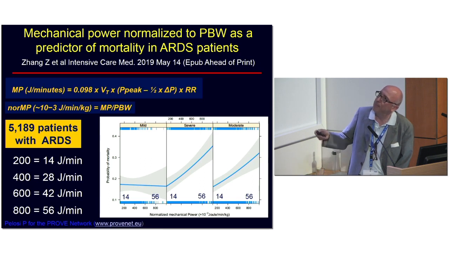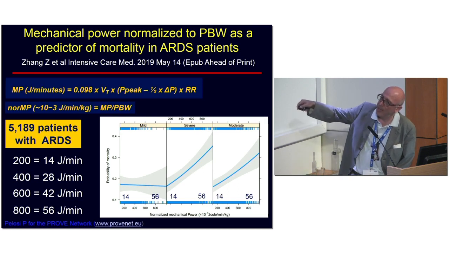Another very recent study from China, a big population of patients with ARDS. You see here, they normalized mechanical power with the predicted body weight, and I transferred it here to joules per minute. In the mild group, they did not find a relationship, but they found a constant relationship with severe or moderate ARDS.